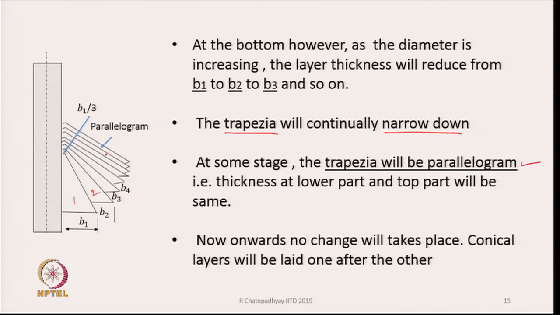By the time we reach this point, let us say this layer and this layer, it looks like a parallelogram now, because this layer is actually being laid on a diameter which is this much thick. So, it will be very, very thin there. The trapezium will look like a parallelogram, and the thickness at the lower part and top part will be exactly the same.